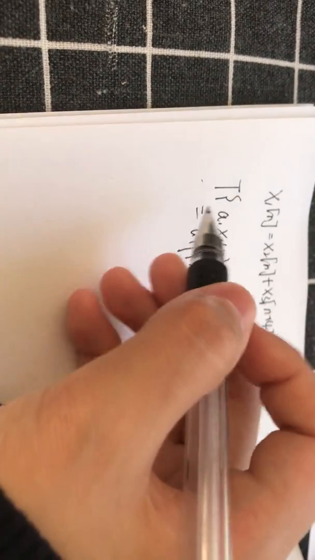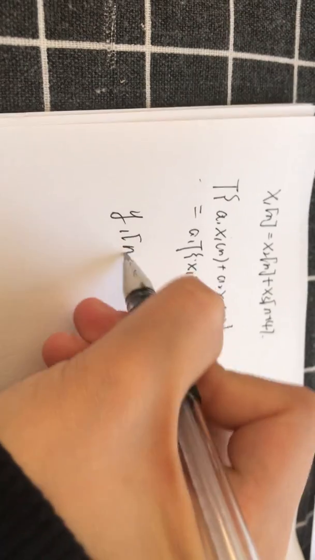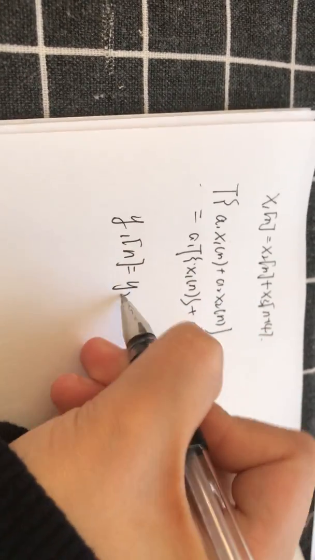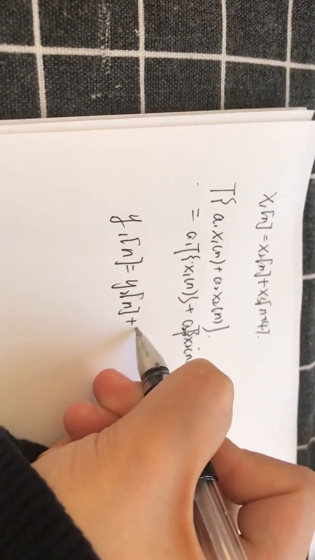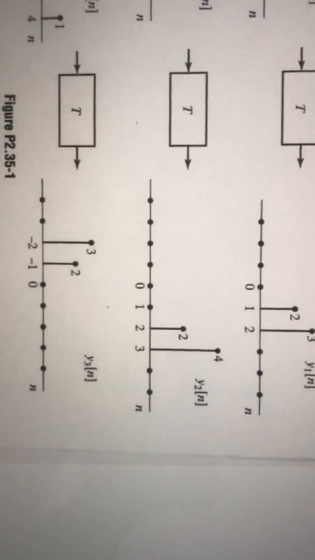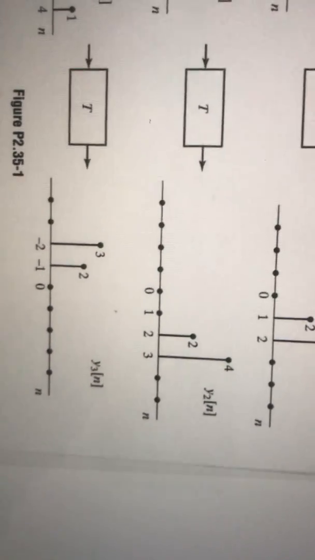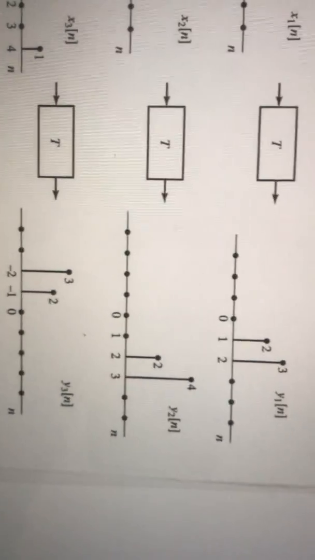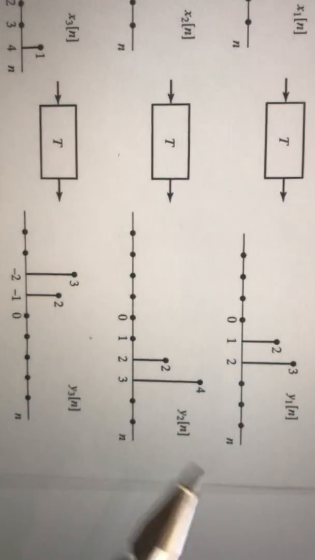So based on this definition, we could get... so let's try to prove whether our assumption is correct or not. So let's look at the output part of this graph.